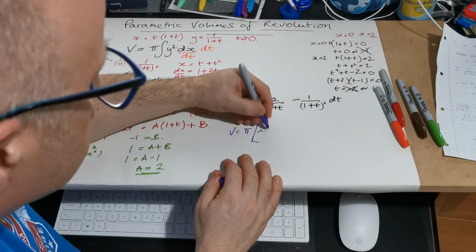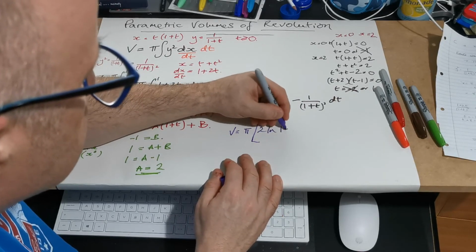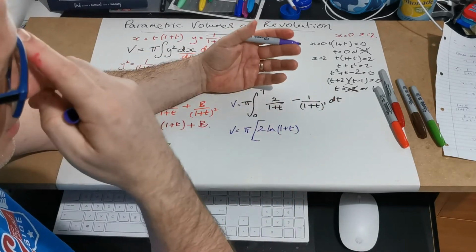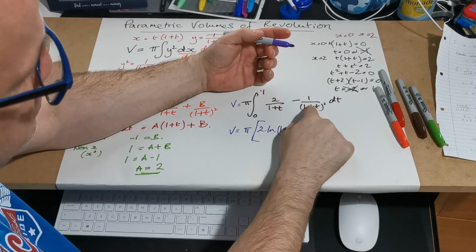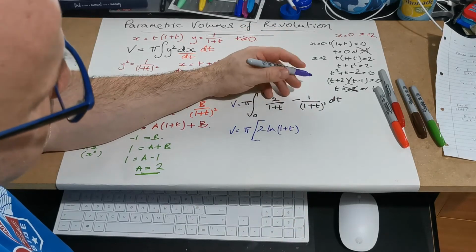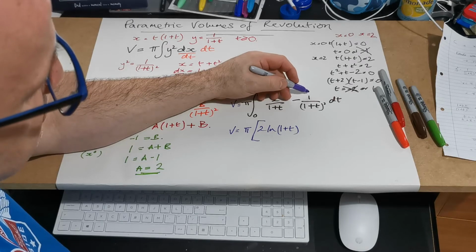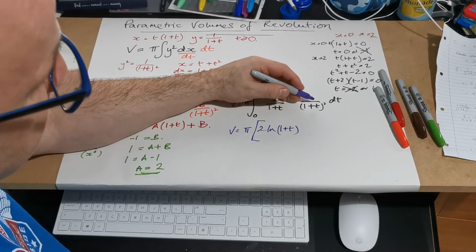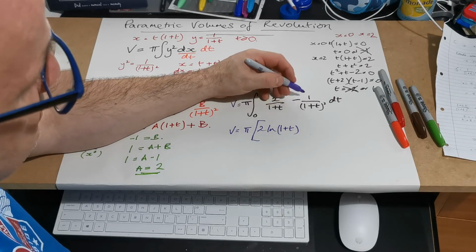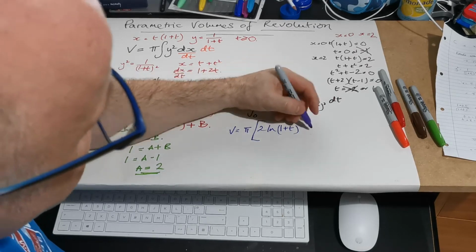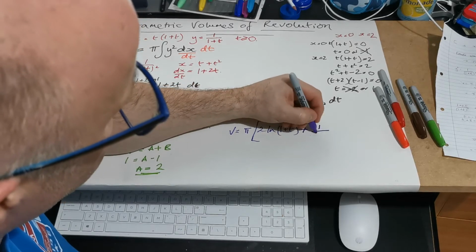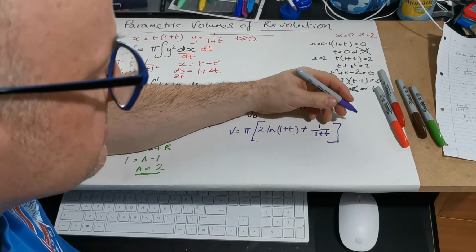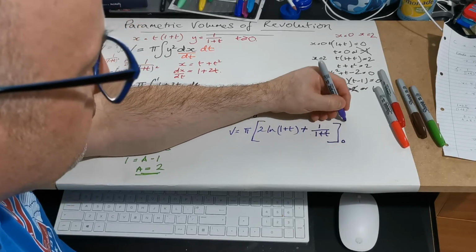This is going to be 2 ln(1 plus t), and because the differential of the inside is 1, it's like integrating minus 1 over t squared, which would give us 1 over t. So this is going to be plus 1 over (1 plus t), between the limits of 0 and 1.